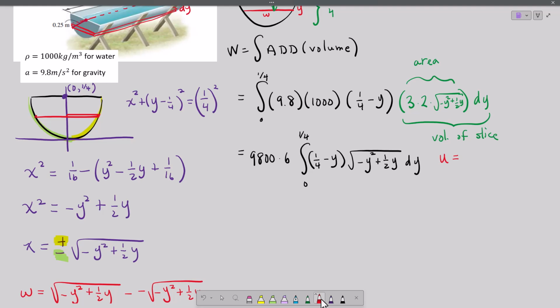Y squared. It's got to be more than y squared. You're on the right track. You're looking inside here. But we want to let u be everything in the square root. So typically we're going to let u be whatever's in the square root, whatever's in the exponent, whatever's in the angle. Because right now the problem here is that you can't break that square root apart.